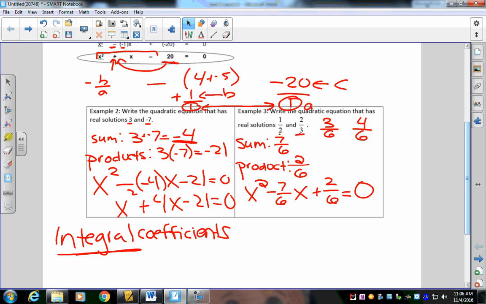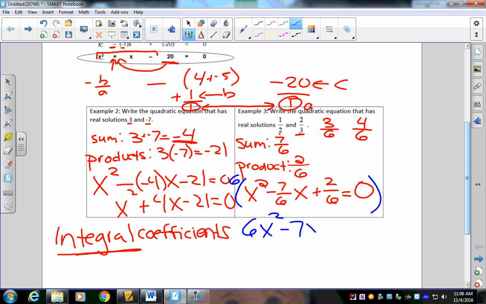I'm going to multiply everything by 6, not just the coefficients that have a denominator, because whatever you do to one term on one side, you've got to do to everything. So everything's getting multiplied by 6, which gives me 6x squared minus 7x plus 2 equals 0, because 6 times 0 is 0, so that stayed the same.